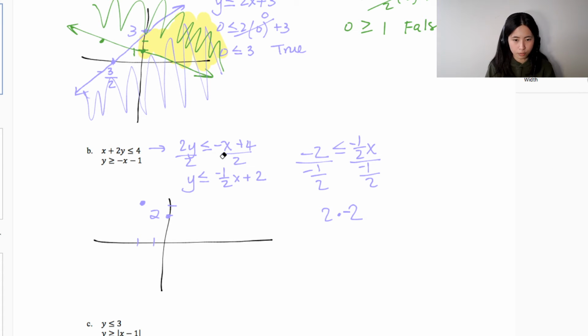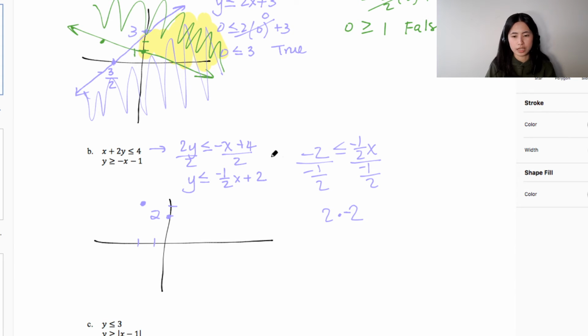Okay, this is negative 1 half. Sorry, this is actually positive 4, because negative 2 divided by negative 1 half is positive, since the negative 2 is also still negative, right? So that's why it's positive 4. Okay, now it makes sense. So you have the 4 here. Great. So that means your x-intercept is at 4. So your line should really look like this.